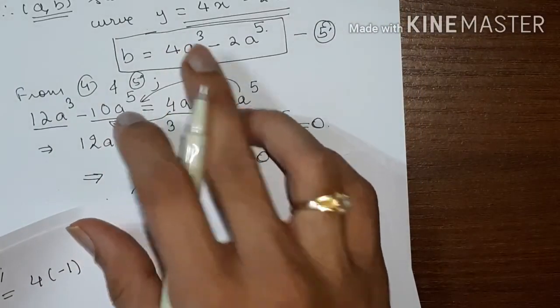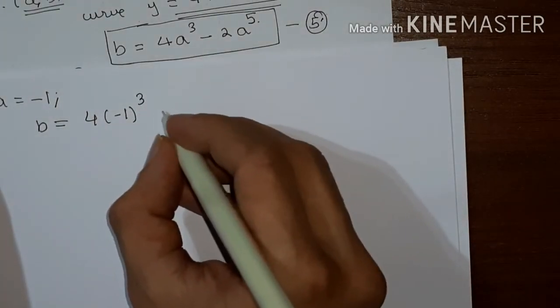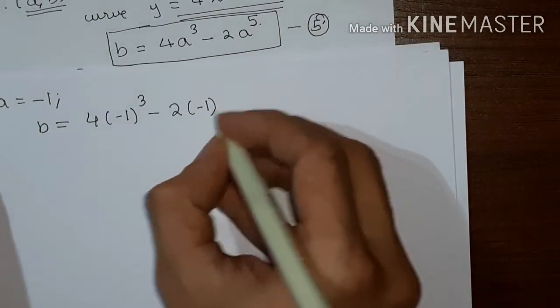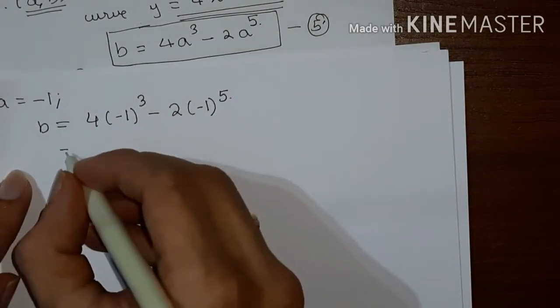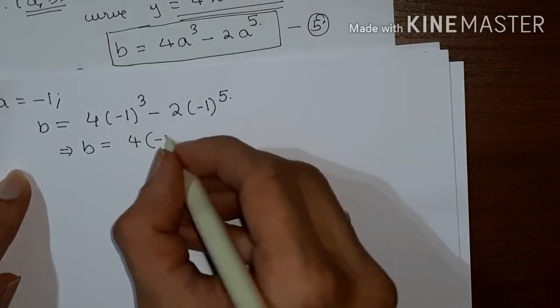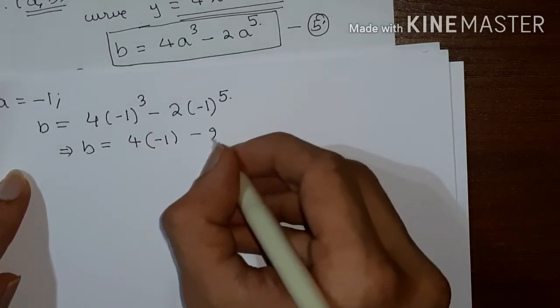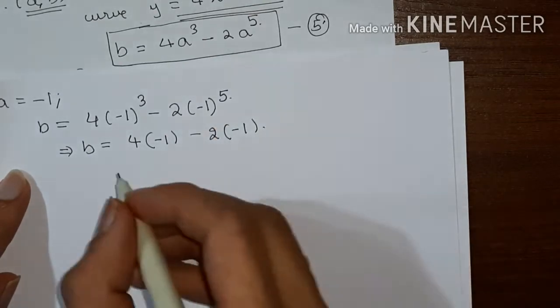So 4 times minus 1 cube, minus 2 times minus 1 raised to 5. So that means b equal to 4 times minus 1 cube, which is minus 1, then minus 2 multiplied by minus 1 raised to 5, which is minus 1.